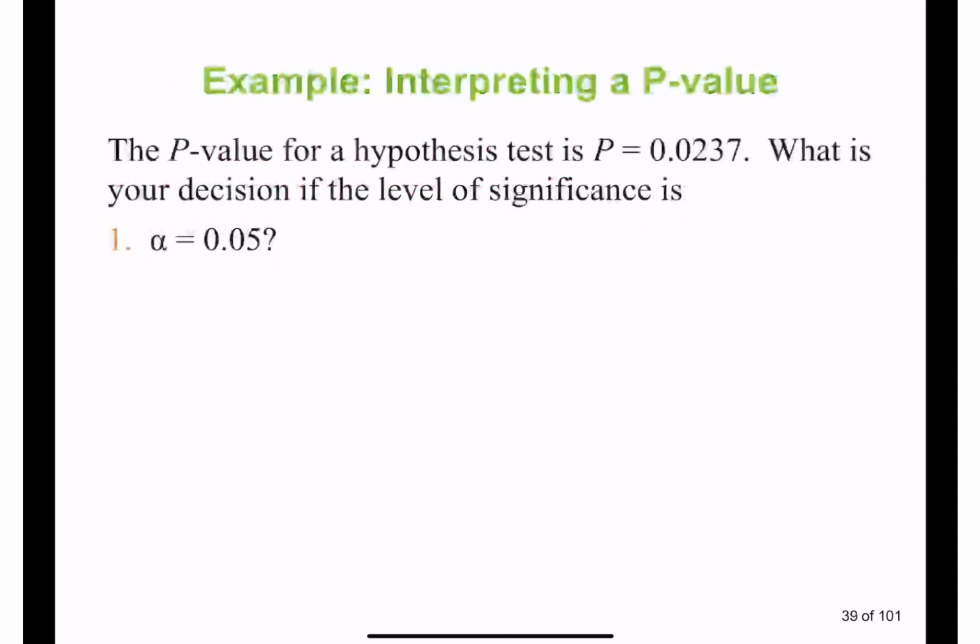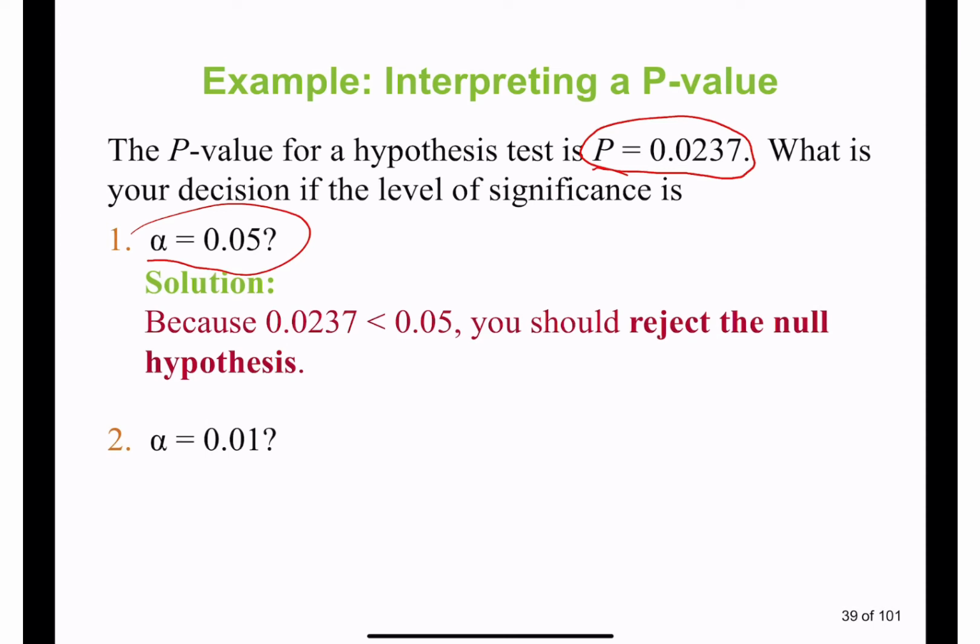Let's see. The p-value for a hypothesis test is 0.02. What is the decision if the level of significance is 0.05? Here 0.05 is alpha and 0.02 is this one, right?